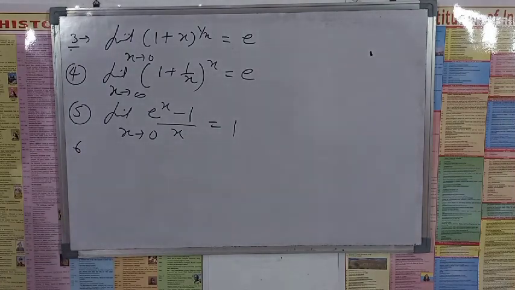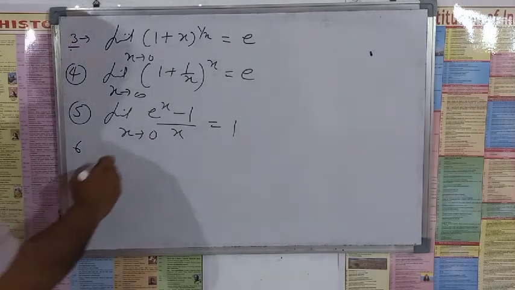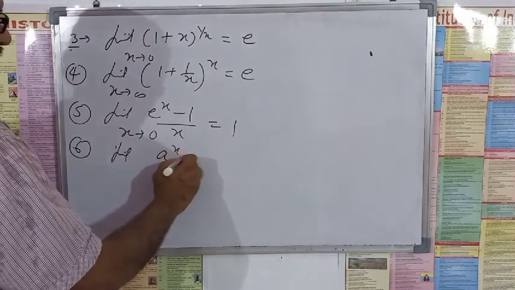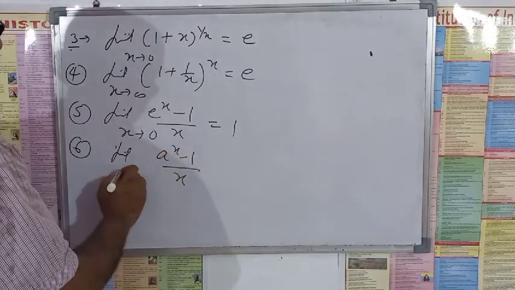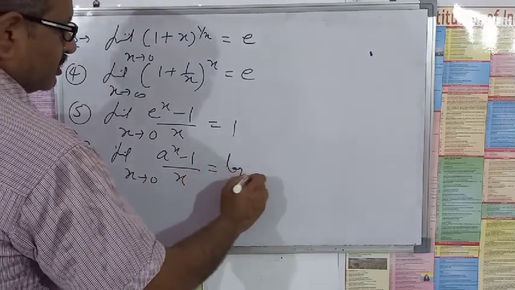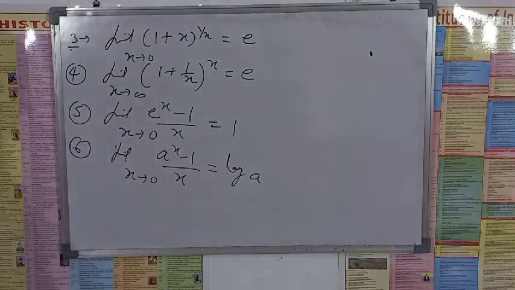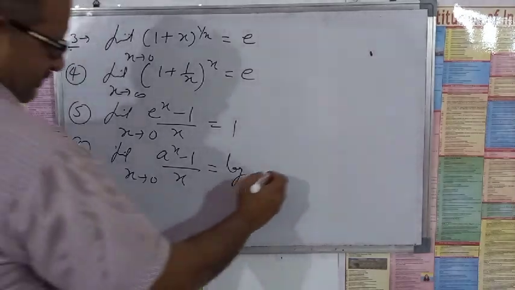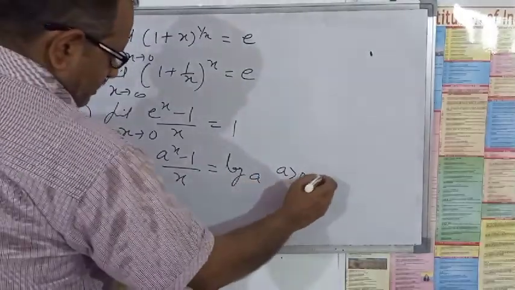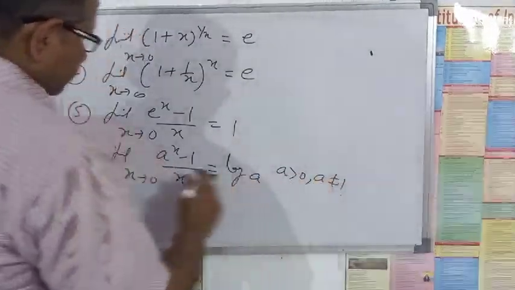And next, limit of (a to the power x minus 1) upon x, x tends to 0. Its value is log a. And here a is greater than 0, since log is not defined for a negative number, and a is not equal to 1. This is the condition.